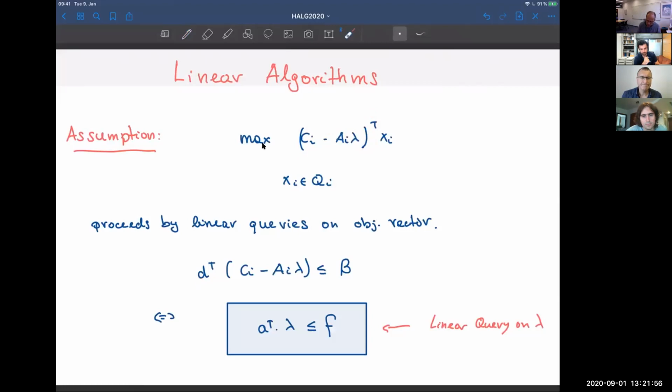Here I have a query where D and beta come from the algorithm that solves this, and the algorithm just asks, is D transpose times the objective function vector less than or equal to beta? Now I can rewrite this as a linear query on lambda, a query of the form A transpose times lambda is at most F. So this is a linear query on lambda. Again, I'm assuming that the individual optimization problems do not need the objective function explicitly. They only need answers to the linear queries that they launch.